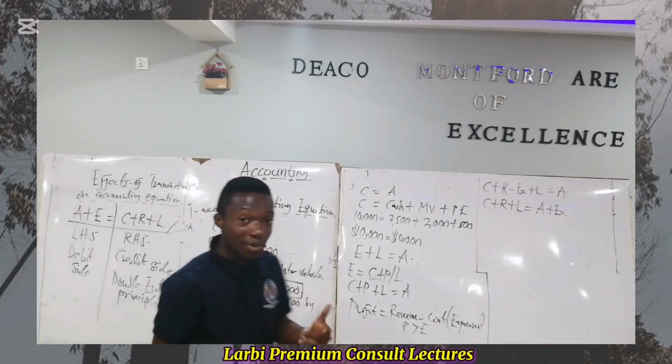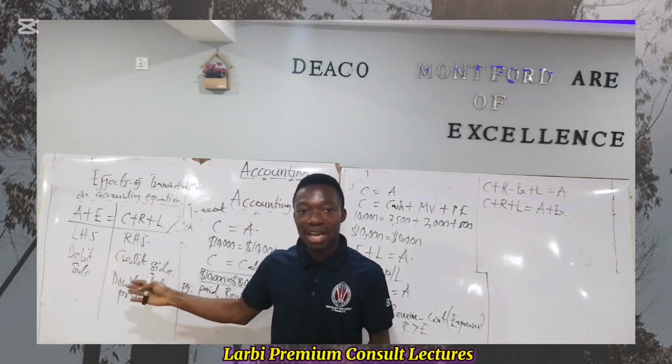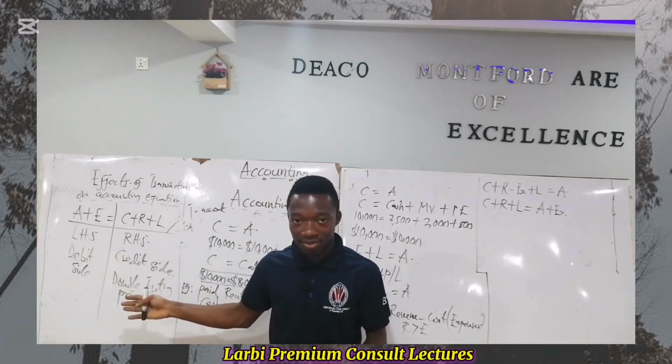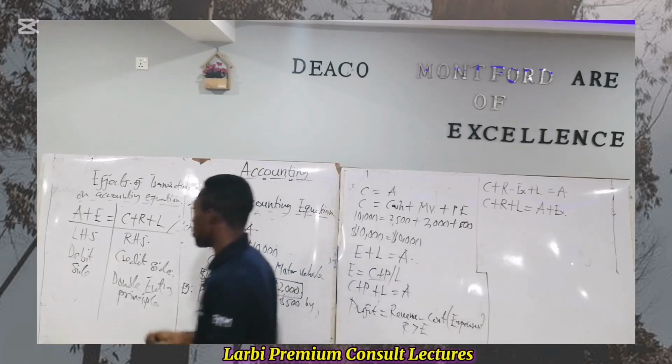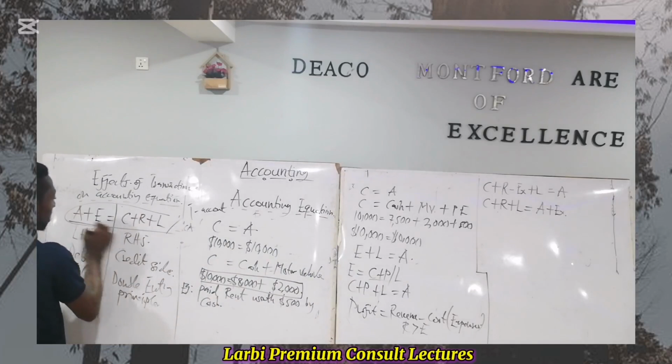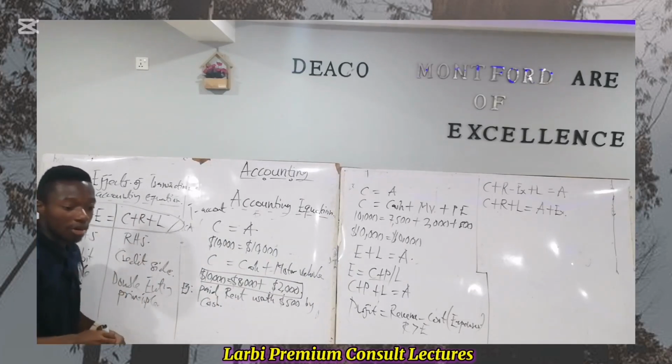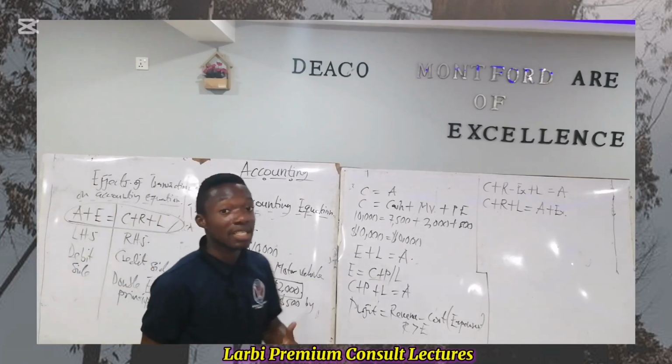So from the accounting equation back to the double entry principle. That is the idea here you want to build up. And remember too that the accounting equation forms the basis of the financial statement called the statement of the financial position.